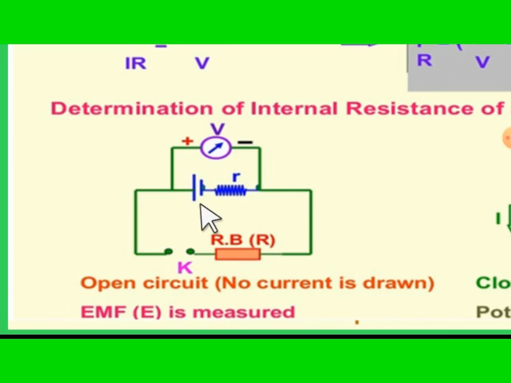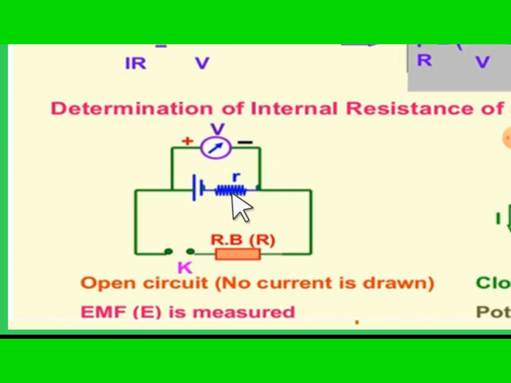The potential difference across the two electrodes will be measured. When no current is drawn, that means when the key is open and the circuit is open-circuited, the potential difference across the two electrodes is called the EMF of a cell.